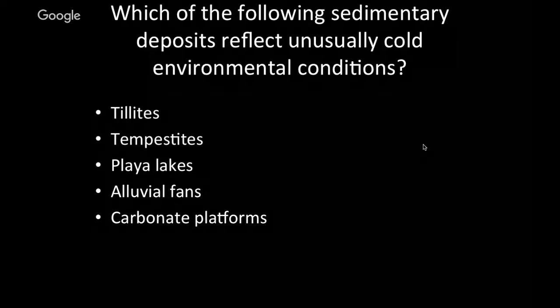Tempestite is a rock that shows that a very heavy rain has occurred, and that's recorded in the rock when it gets lithified. Or tillites. If you're familiar with the word glacial till, then it might tip you off. So in a way, you're kind of using the chapters, and you're also using what you may already know to correlate that kind of information.